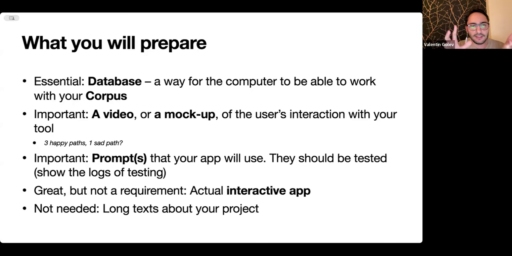But a database is a way for the computer to really interact with your corpus, to really be able to work with it. And it's something that is typically quite artisanally designed for your app. I would say this is going to be the most important thing, and this is quite essential.